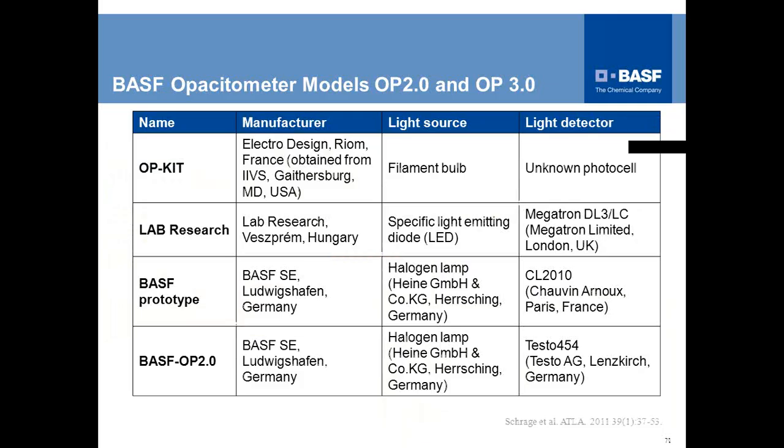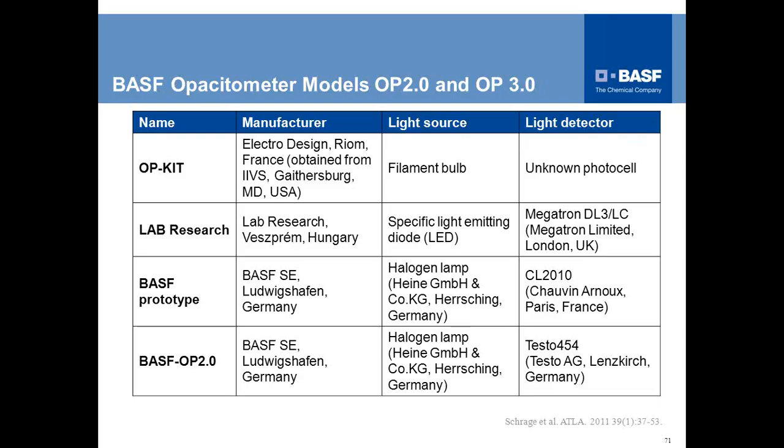In our comparison, we have also summarized the technical information of the instruments that we compared. This is again the instrument of electro design. We were kindly provided with an instrument by IRES to do these evaluations, but we have also evaluated an instrument from lab research.